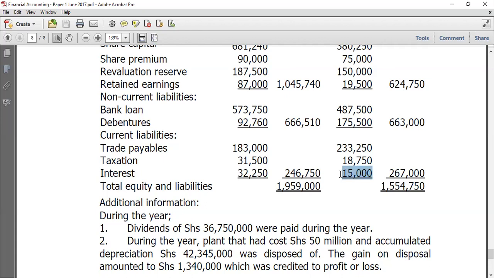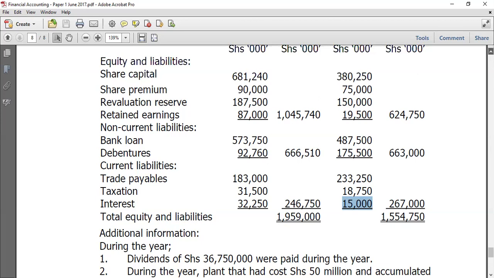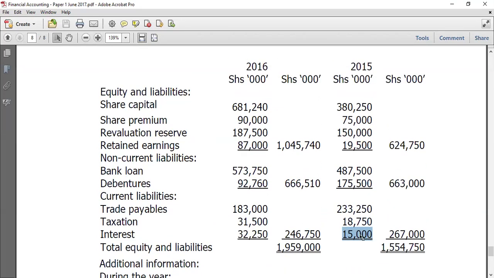Now, interest, if it's an obligation, is a liability, and liabilities have a normal credit balance. So this 15,000 of interest is your opening balance in the account that I've drawn up, just from your statement of financial position. As you can see, this is interest payable. So I'll record it within my account right here.